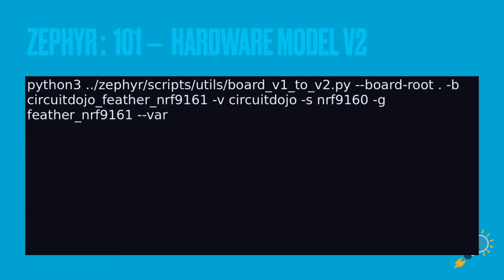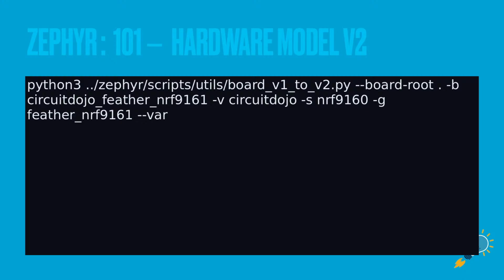So you can see here, this is what I did to run the conversion, and it's simply setting the board root, the name of the board, the vendor name, the processor name, and also the output file.